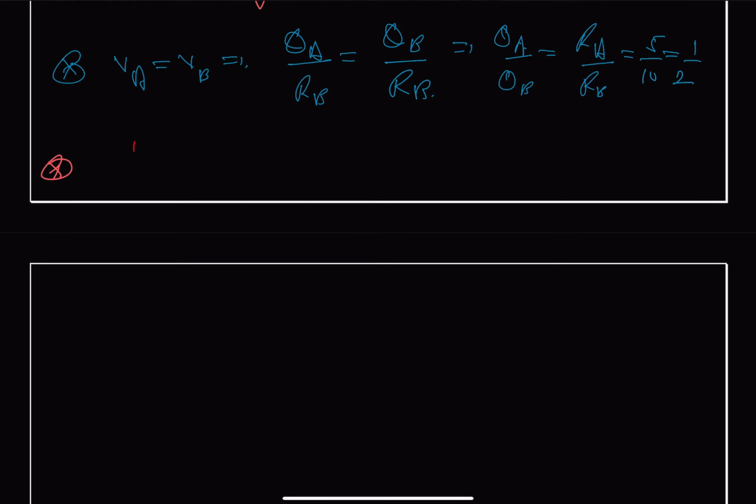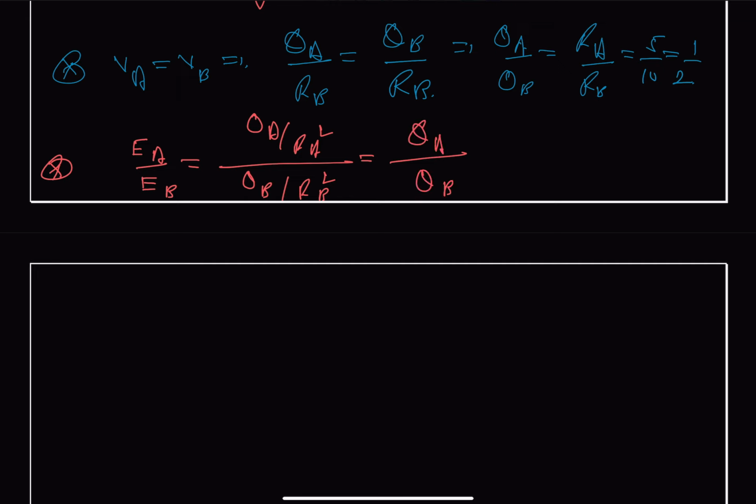EA upon EB will be equal to QA upon RA square over QB upon RB square. This comes as QA upon QB times RB square upon RA square.